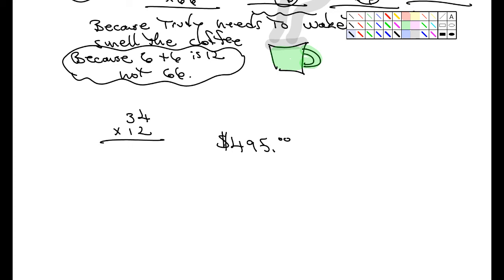So let's do 12 times 34. 2 times 4 is 8. And 2 times 3 is 6. And then 1 times 4 is 4, 1 times 3 is 3. So 4 and 3. Here's my placeholder. So 8. That becomes 10. Carry the 1. $408.